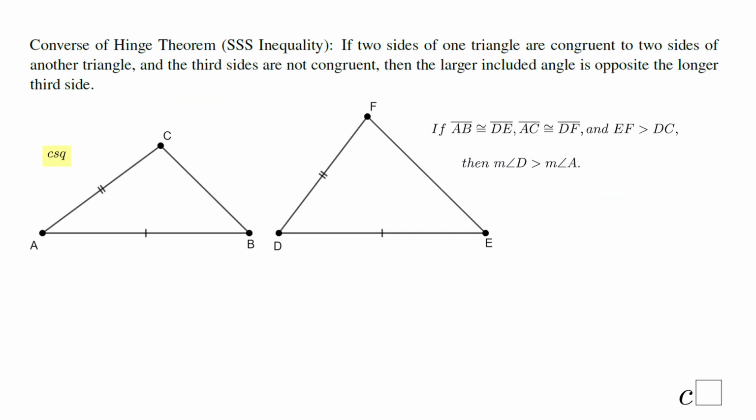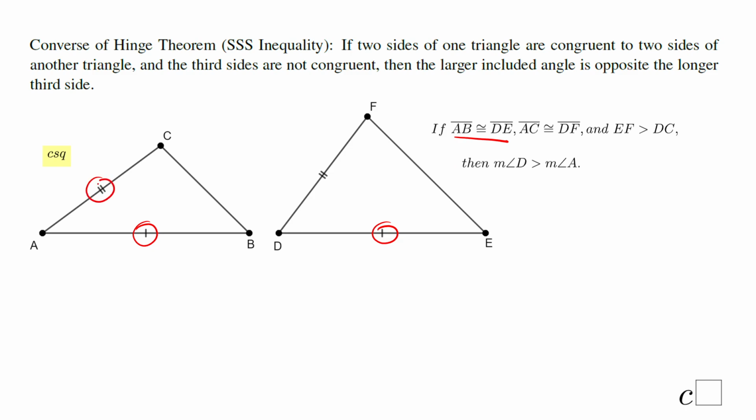Okay, there is another theorem, like I said at the beginning, the converse, which is the opposite of the other theorem, and it's also called the SSS side inequality theorem. If two sides of one triangle are congruent to two sides of another triangle, we can see that in this picture. These two sides are congruent.